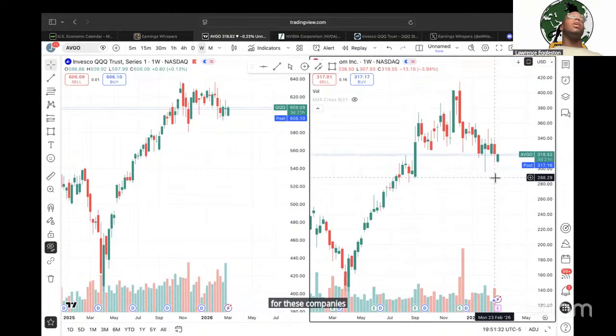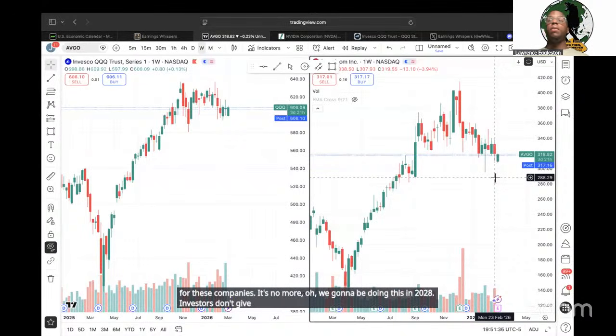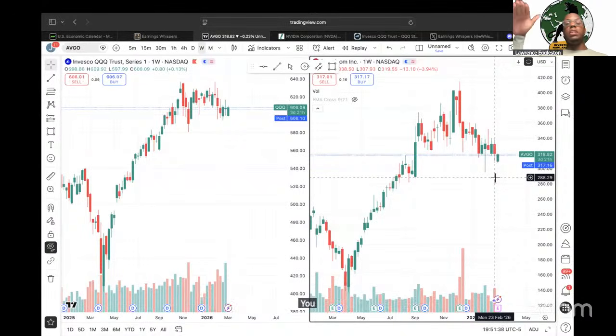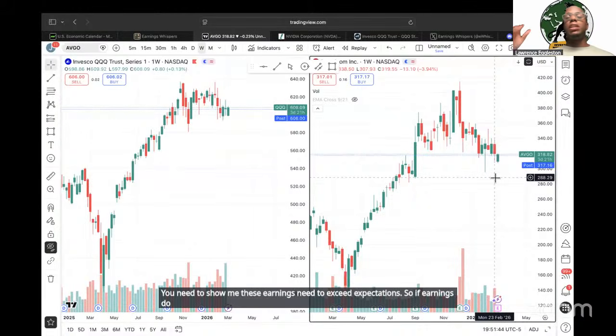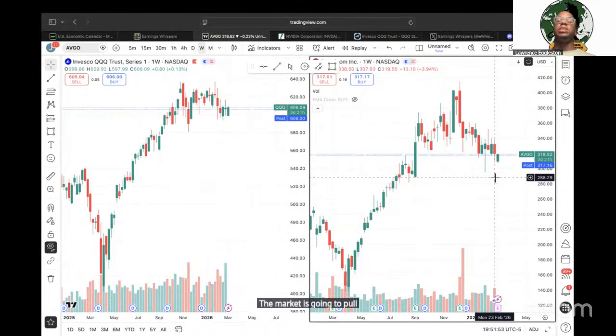It's no more, oh, we're going to be doing this in 2028. Investors don't give a damn right now. You need to show me these earnings need to exceed expectations. So if earnings do not exceed expectations, and I'm just giving an example with Broadcom here because they have earnings this week, the market is going to pull downward because these names are going to sell.